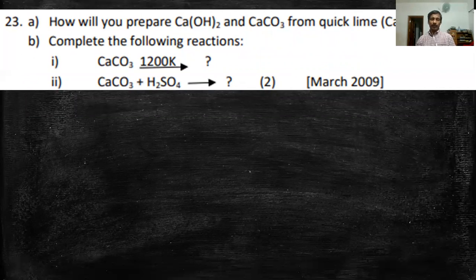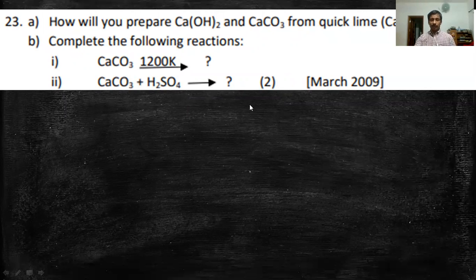How will you prepare Ca(OH)2 and CaCO3 from quicklime? CaO on slaking, that is treating with water, will change to Ca(OH)2. When you pass carbon dioxide through Ca(OH)2, it will change to CaCO3. CaCO3 on strong heating gives CaO plus CO2.